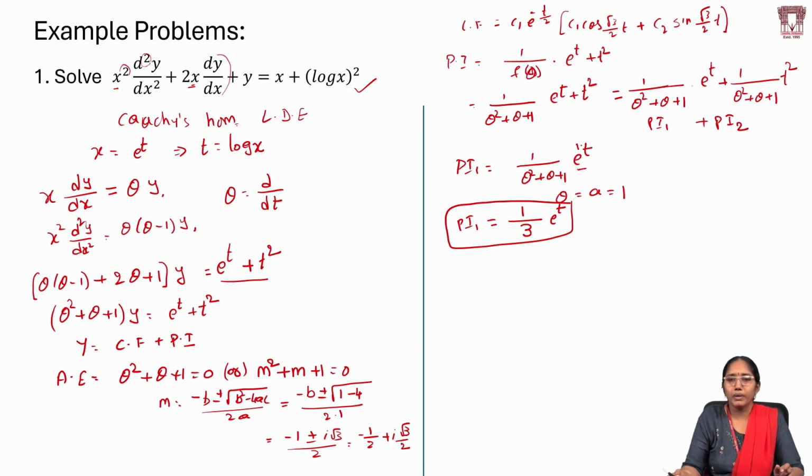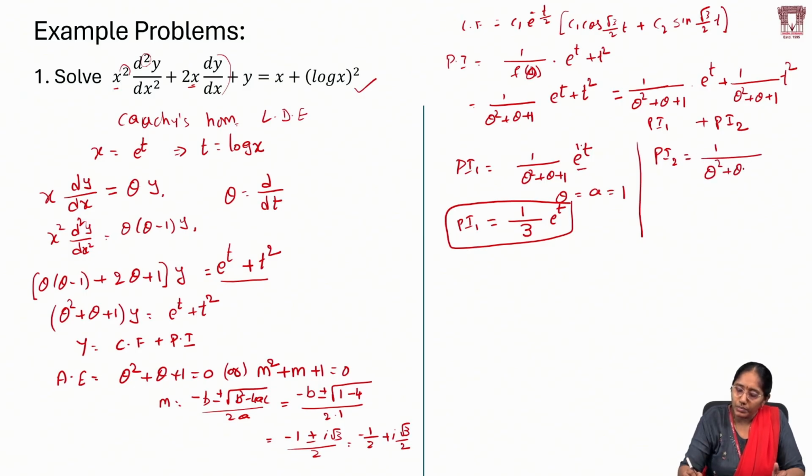This is the value of our PI1. Now we need to go for PI2. PI2 is 1 by theta square plus theta plus 1 into t square. Here observe, what is the right hand side function? That's a polynomial. Apply method 3 for finding PI2.